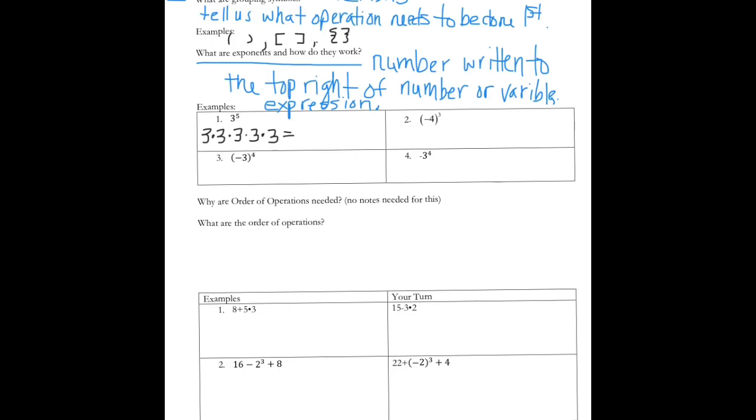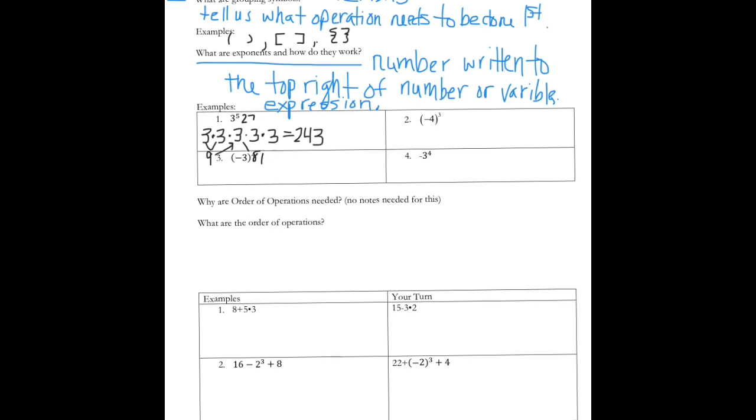So 3 to the 5th power is, well, 3 times 3 is 9. Times 3 more is 27. Times 3 more is 81. Times 3 more is 243.